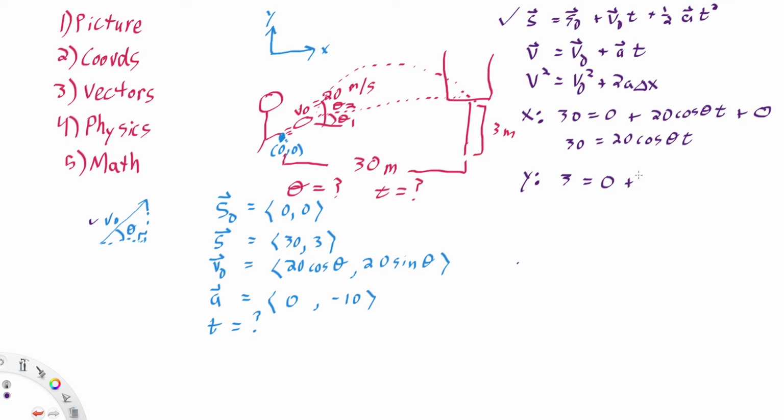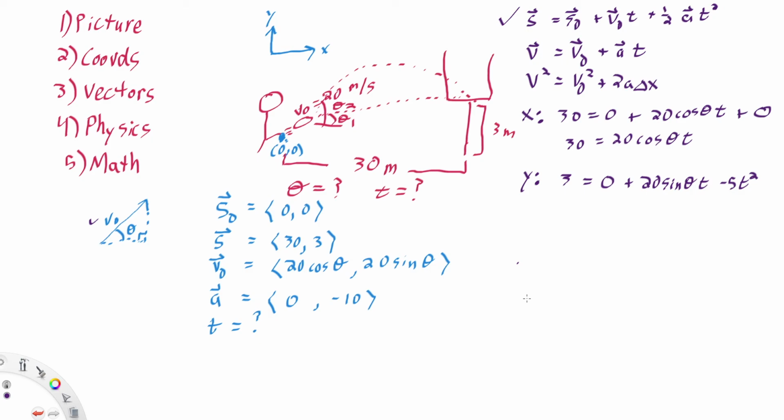Our initial velocity is 20 sine theta times time, and then we have 1/2 a t squared, where our acceleration is minus 10, half that's minus 5, so minus 5t squared. Okay. Comments or questions?